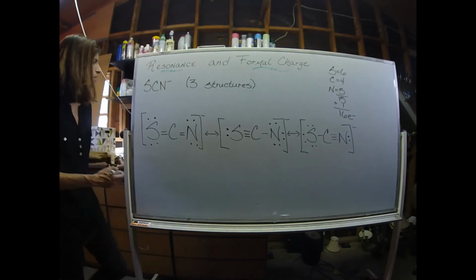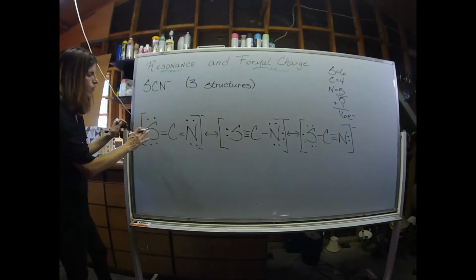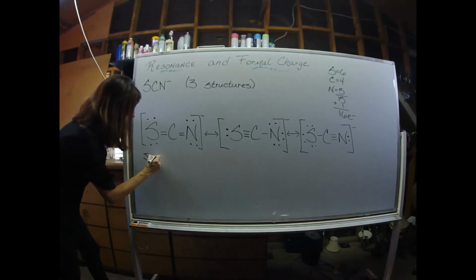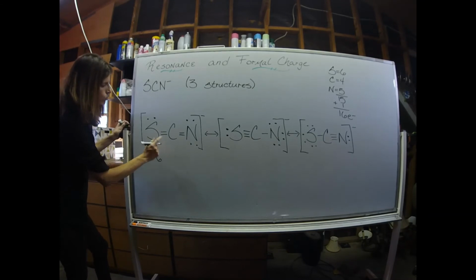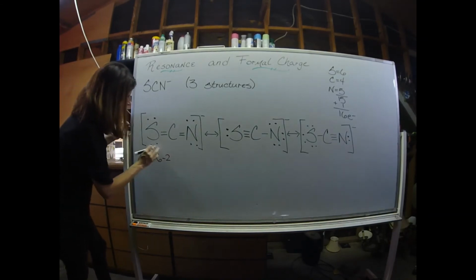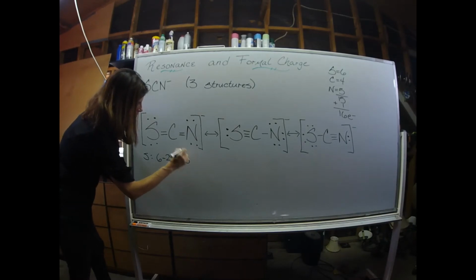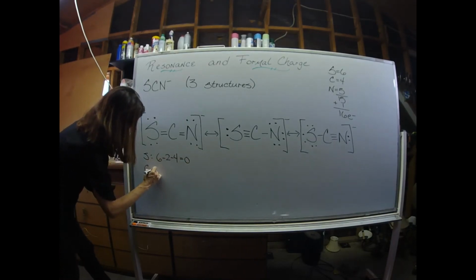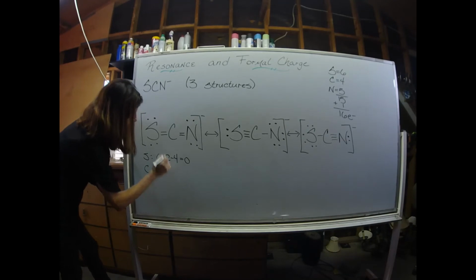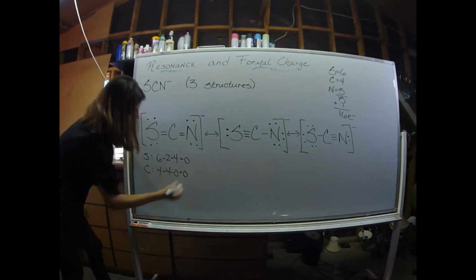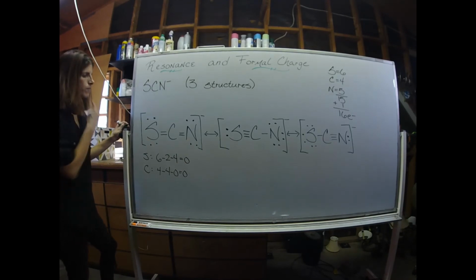So starting over here with sulfur, it has a group number of 6, 2 lines, and 4 dots. 6 minus 2 minus 4 equals 0. Carbon, we got a group number of 4, 4 lines, 0 dots, formal charge of 0.